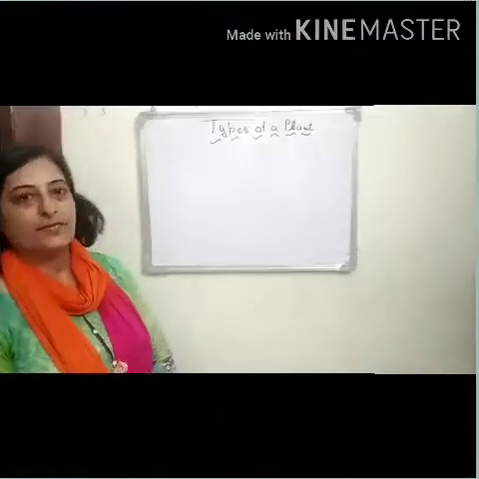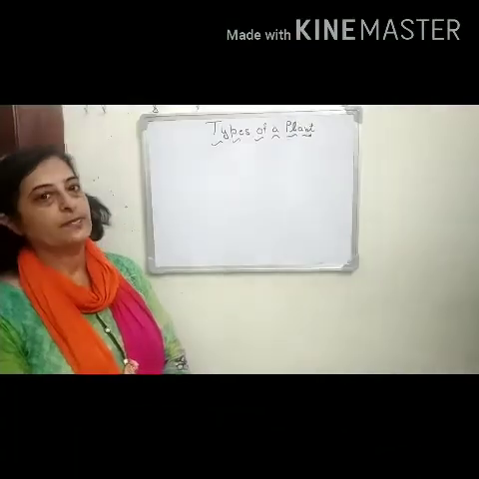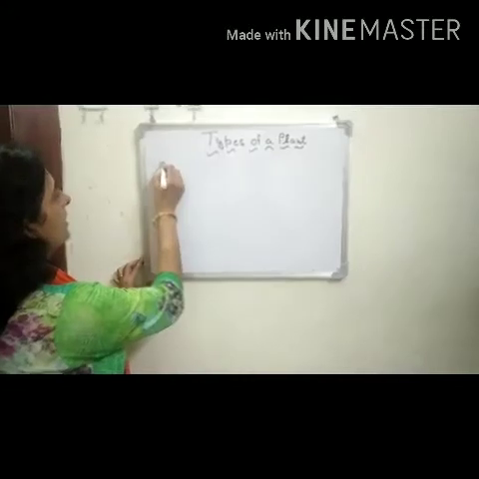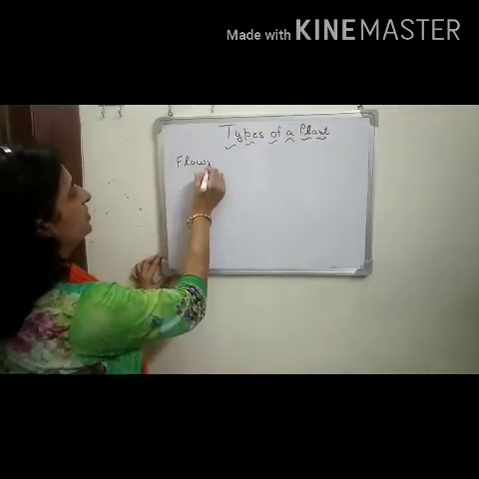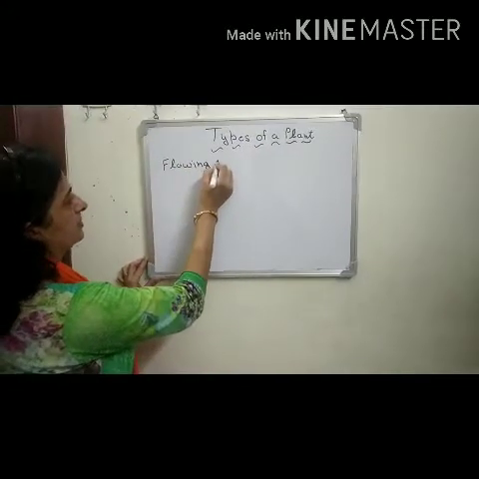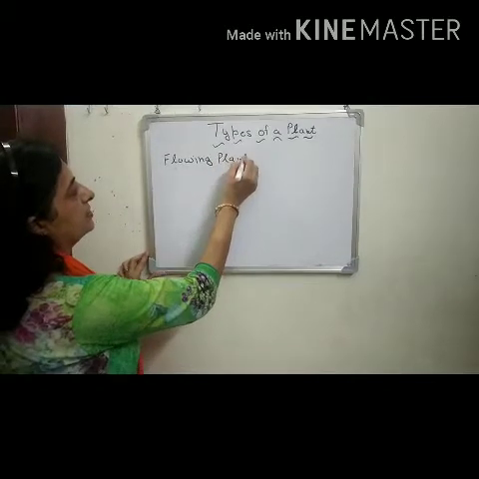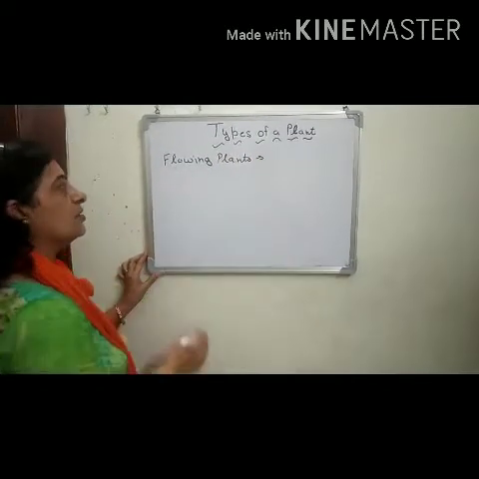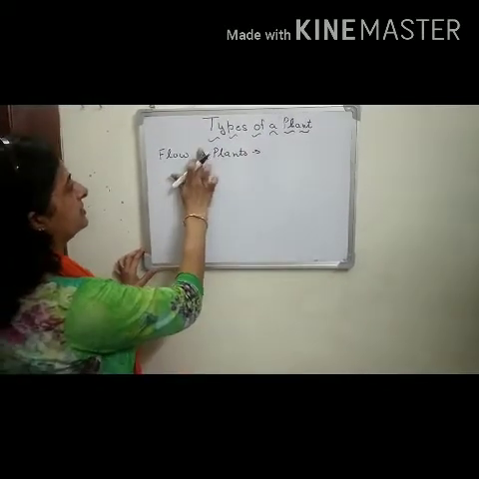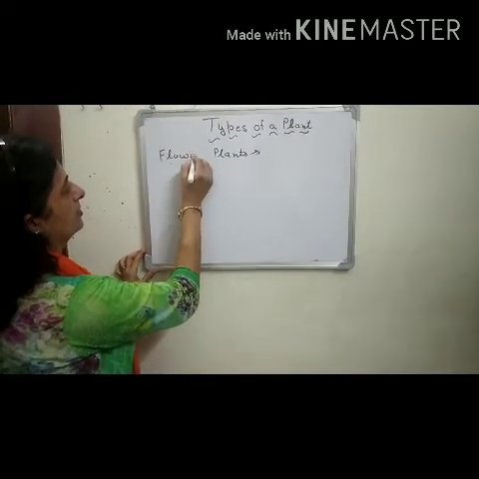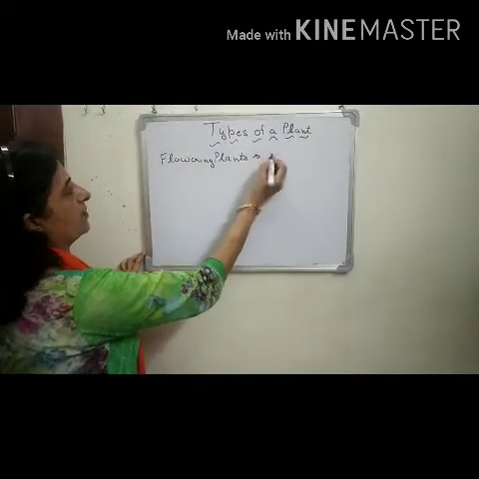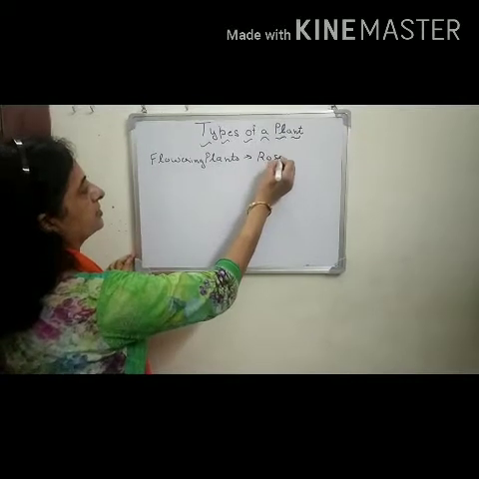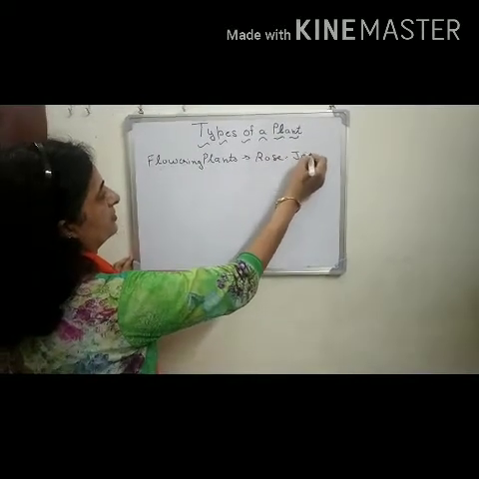We will discuss flowering and non-flowering plants. Those plants which bear flowers are known as flowering plants, for example rose and jasmine.